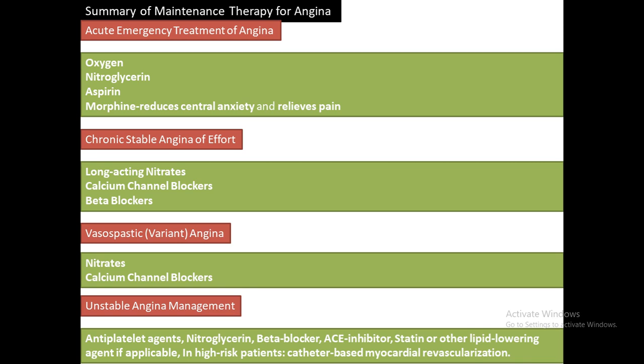In vasospastic and variant angina, we use nitrate and calcium channel blocker. Unstable angina: antiplatelet, nitroglycerin, beta blocker, ACE inhibitor, statin or other lipid lowering agent if applicable. In high risk patients, catheter based myocardial revascularization is also conducted.